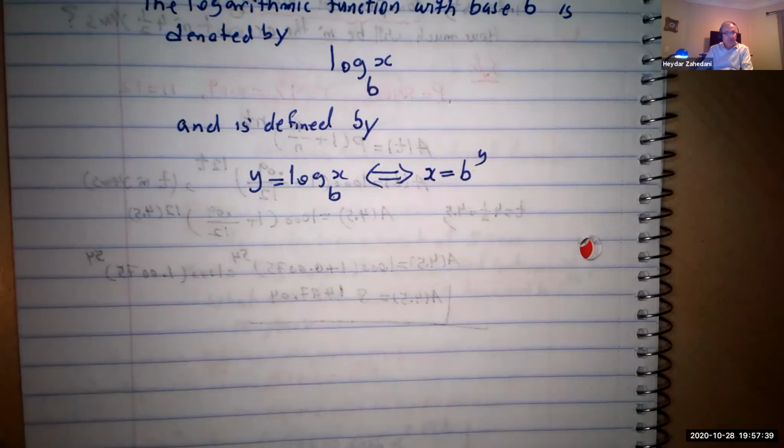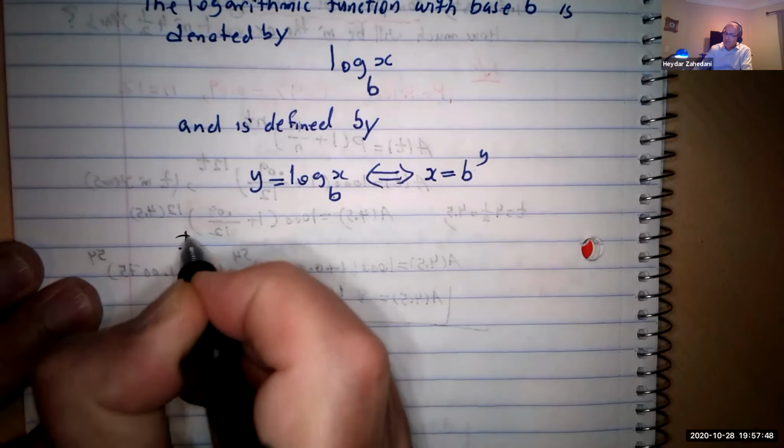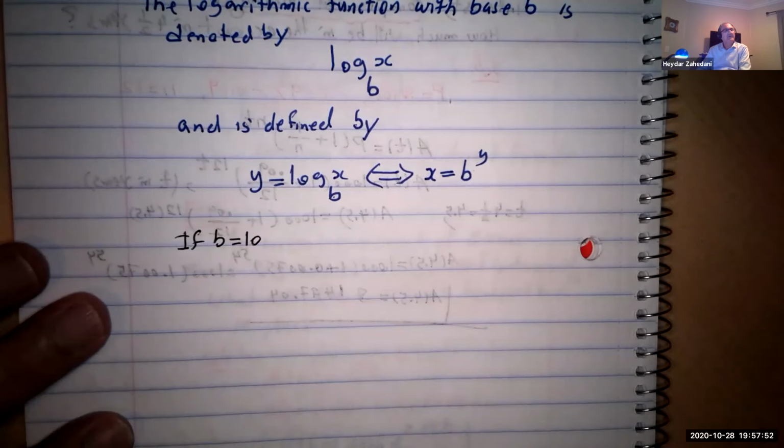But before going on, let's get the various definitions or the special cases. The special cases are going to be if b is equal to 10, the base 10.